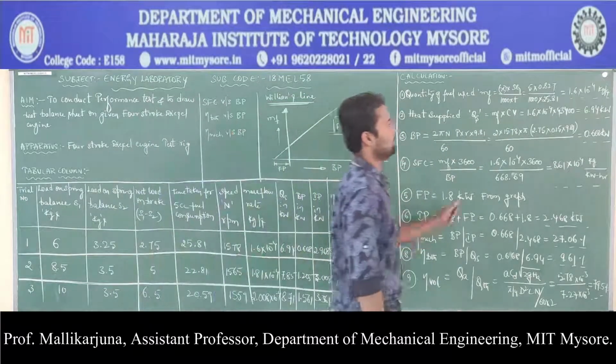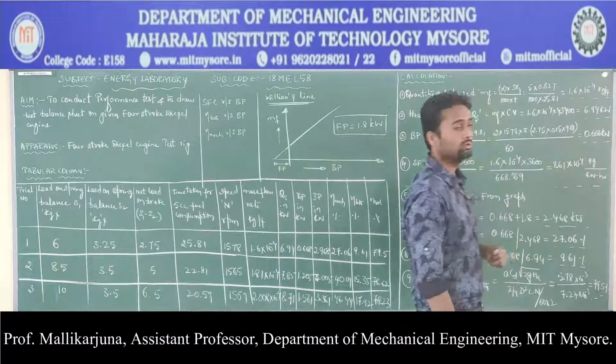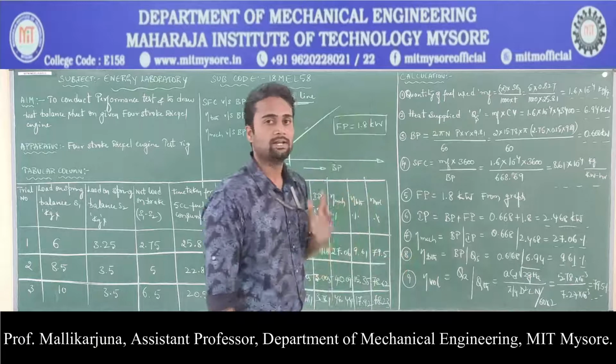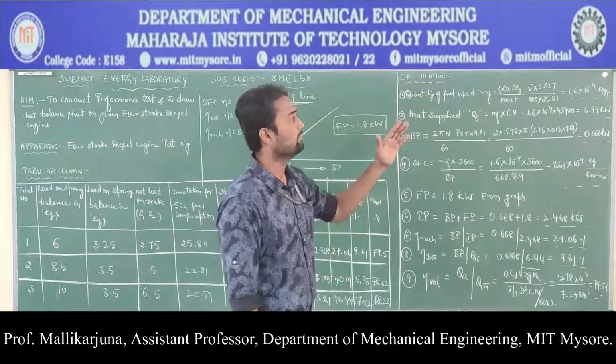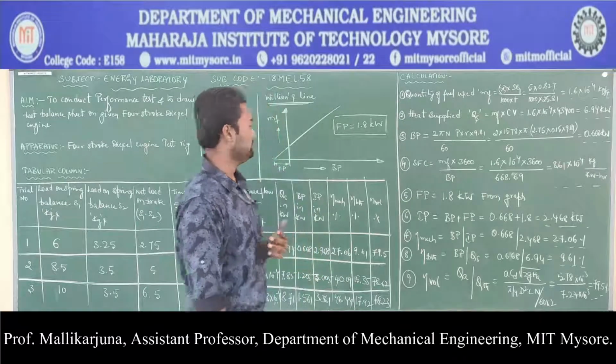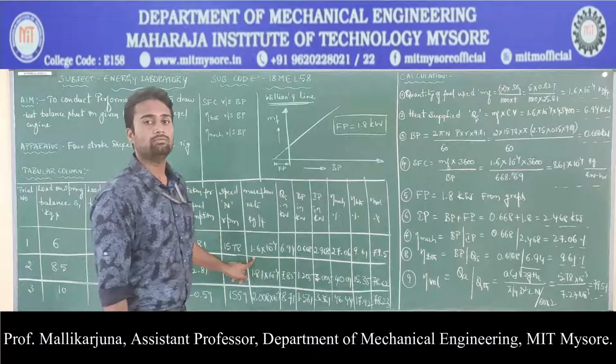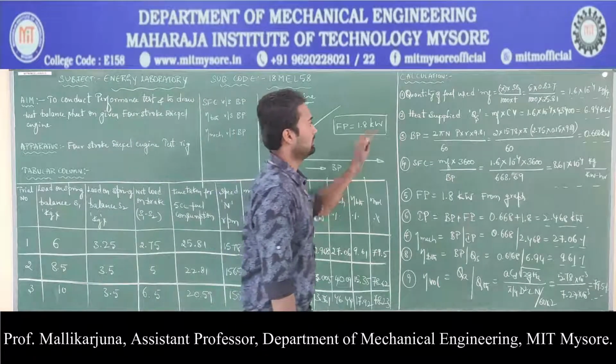So the mass of the fuel consumed by the engine is 1.6 into 10 to the power of minus 4 kg per second. That is, per second, that much amount of fuel is consumed by the engine. That is what we have written over here, 1.6 into 10 to the power of minus 4. That is the first thing.